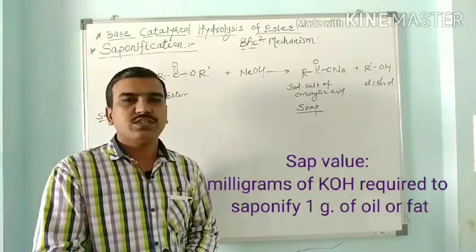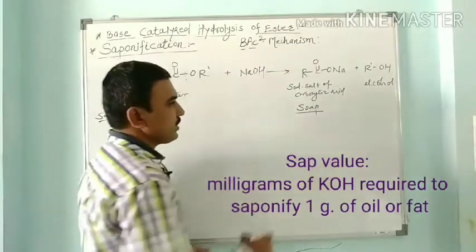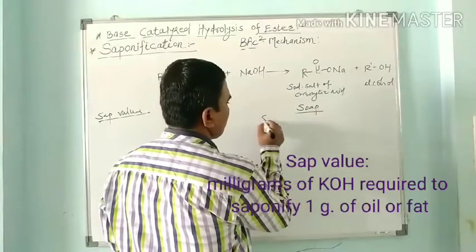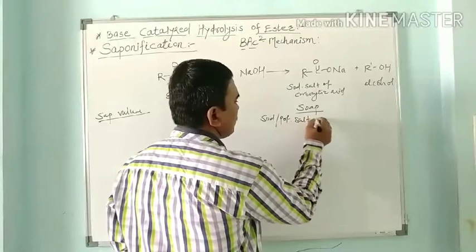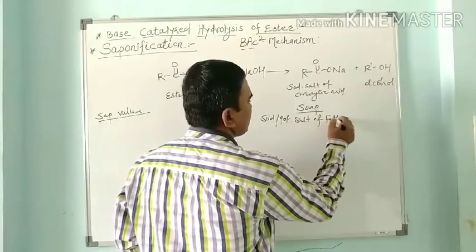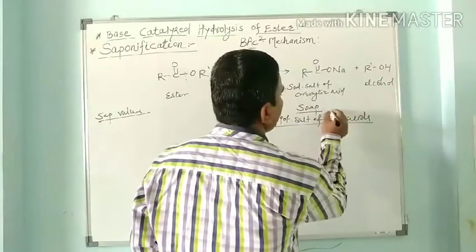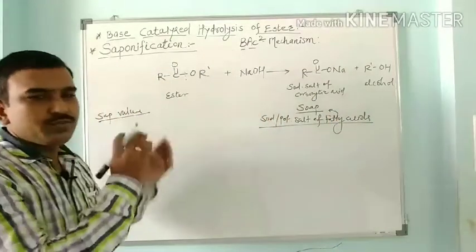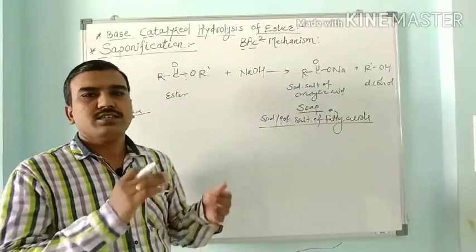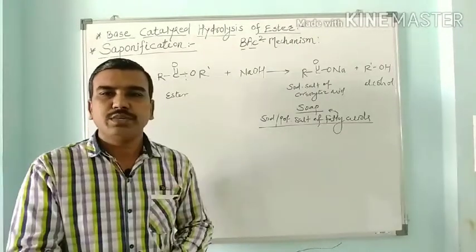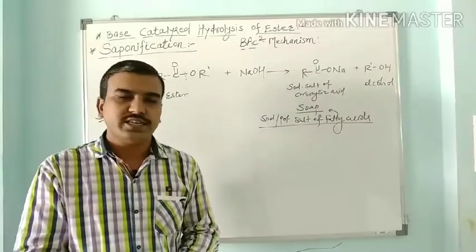This is the process in which sodium salts of fatty acids are generated, and sodium salts of fatty acids are nothing but soap. Sodium or potassium salts of fatty acids are called soap, and these sodium salts of carboxylic acids are generated in saponification. It is also called the BAC2 mechanism. Hence this process is called saponification reaction.